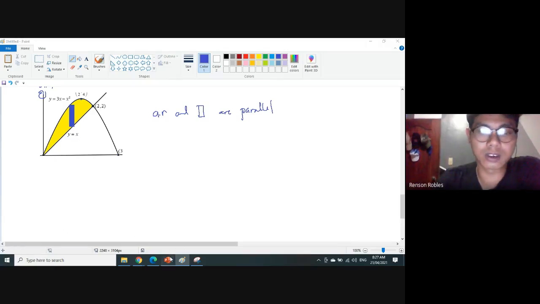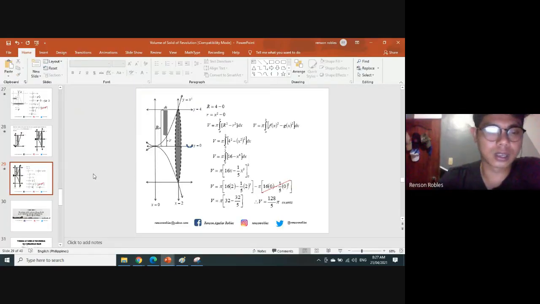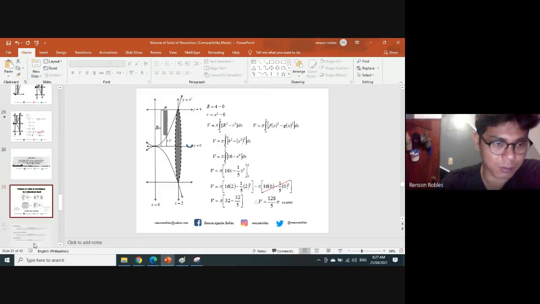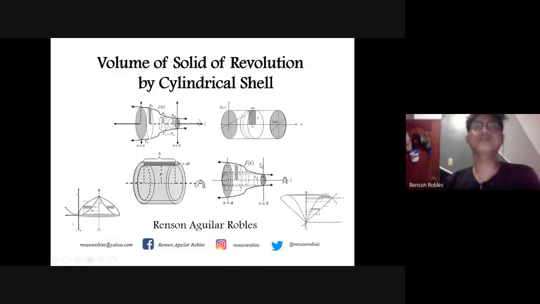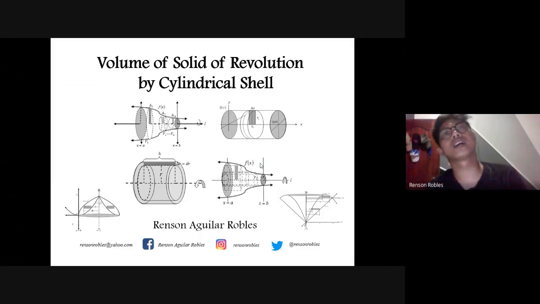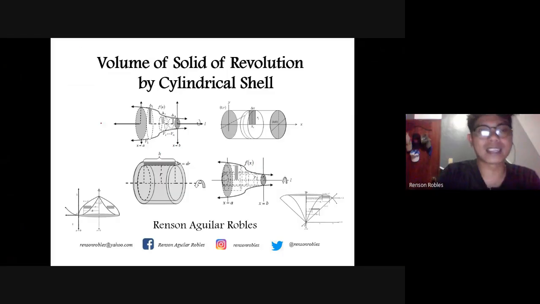Okay. Then we go back to the PowerPoint. And this time, we will be talking of the cylindrical shell method. So one important consideration to use the cylindrical shell method is that the element and the axis of revolution are parallel. That's the only condition. So here, we will take the idea of a banana trunk. Yung saging. Diba yung saging may mga layers sa loob?